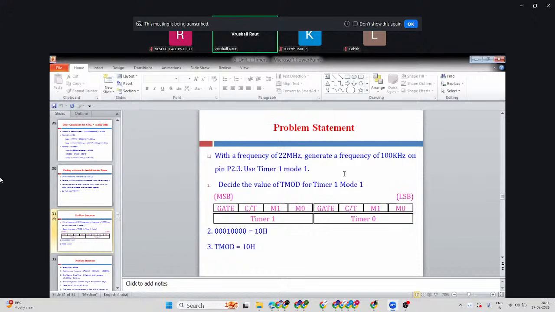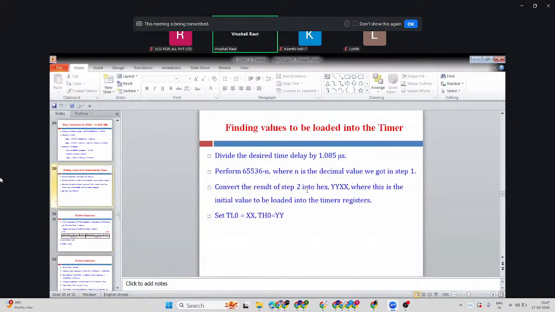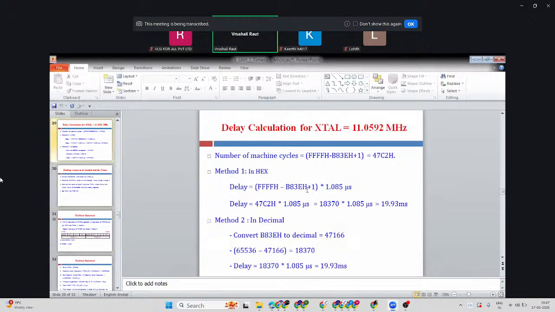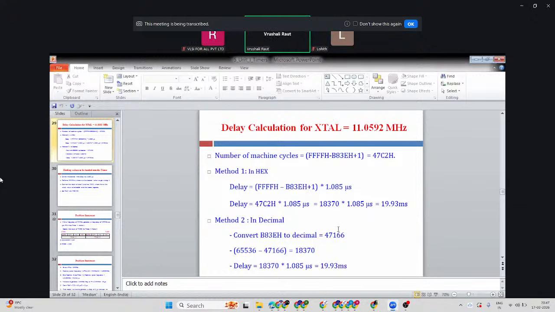This problem's statement is not presently available with me. Later on, I'll discuss this one also. It is an important problem. I'm not remembering for what delay we have taken this B83E.